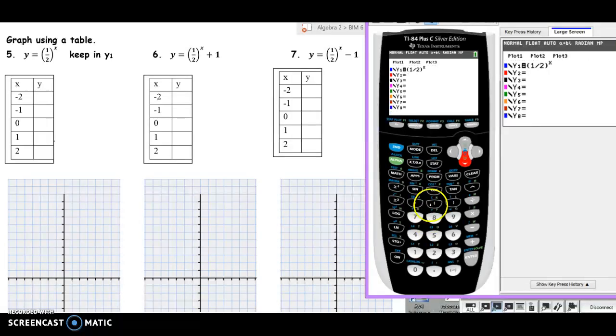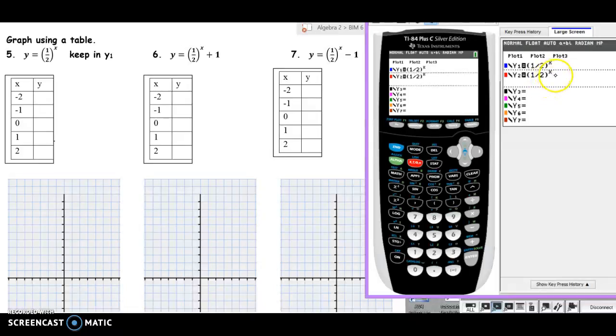For number 6, 1/2 in parentheses, raised to the x. Notice this time the plus 1 is not in the exponent. Your cursor is going to be stuck in the exponent until you tell that cursor to get out of the exponent. So you need to push the right arrow to get down out of the exponent before you add 1.